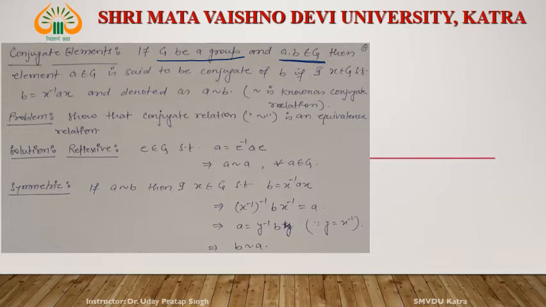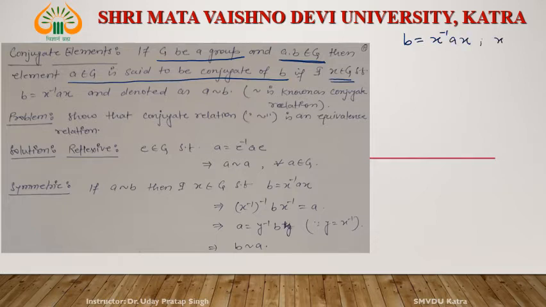A is said to be conjugate of B if there exists x belonging to G such that b is equal to x inverse a x.